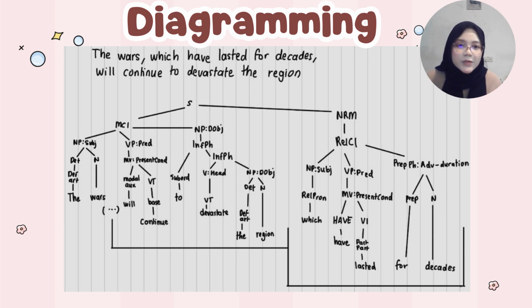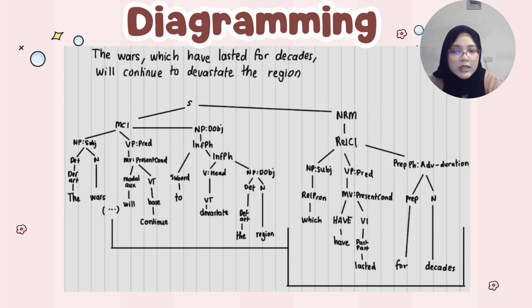Under the verb phrase predicate, we break it down into MV present conditional, and then into two branches: modal auxiliary, under which we have will, and for the main verb present conditional, we have word type WT, which we write as base because of the modal auxiliary, and then we put the word continue.